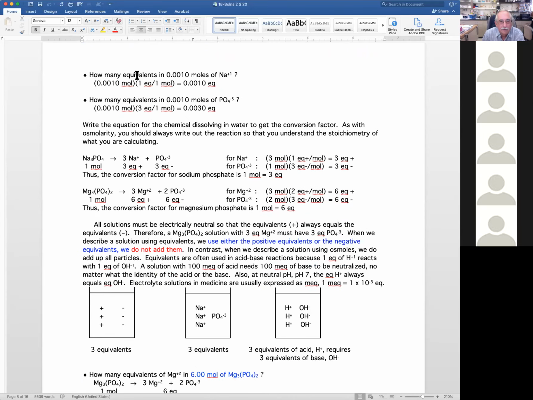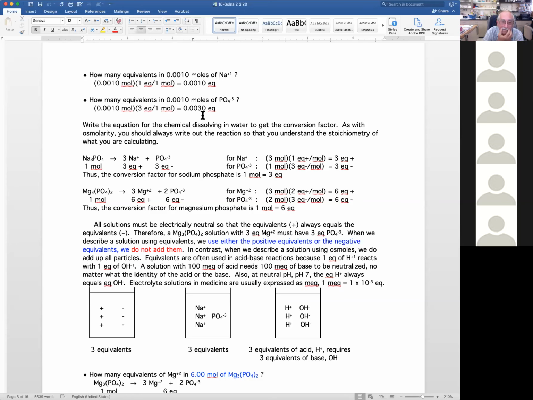How many equivalents in 0.01 moles of sodium ion? Okay, so 0.01 moles at 1 equivalent per mole is 0.01 equivalents. How many equivalents in 0.001 moles of phosphate? 0.001 moles times 3 equivalents per mole, because of that -3 charge, is 0.003 equivalents.